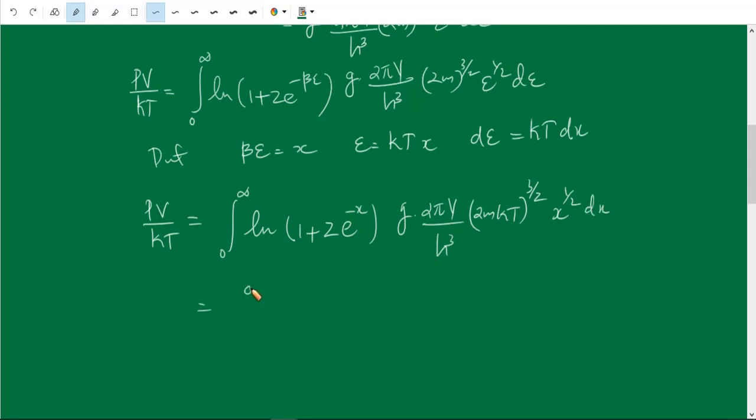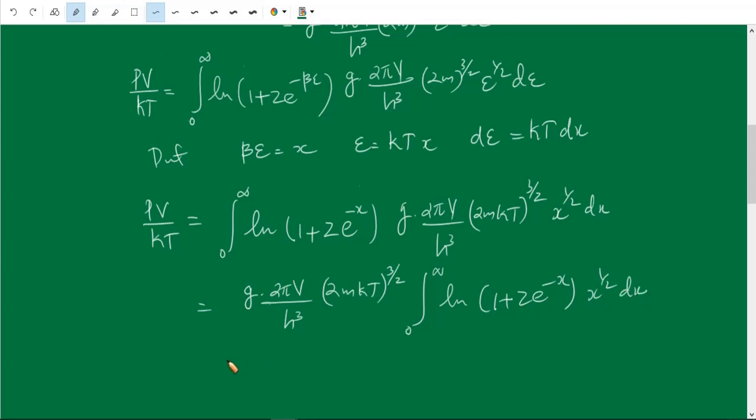So this will be g 2πV divided by h³ (2m kT)^(3/2) times the integral from 0 to infinity of log(1 + z e^(-x)) x^(1/2) dx.